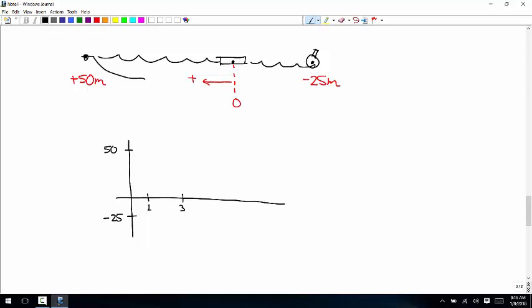The buoy? 4, yep. And back to the raft? 6, yep. I didn't say this before, but this is position in meters. This is time in minutes.